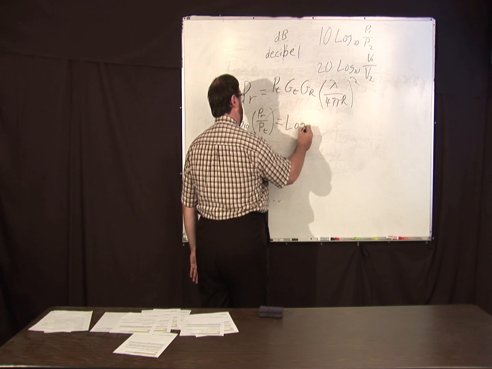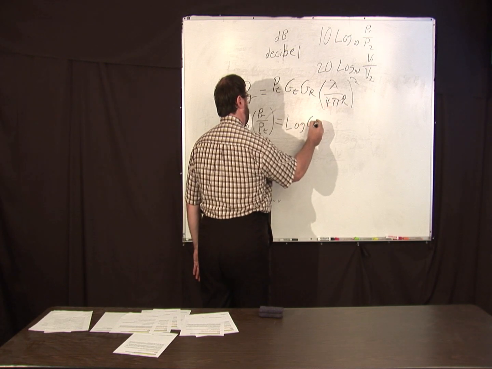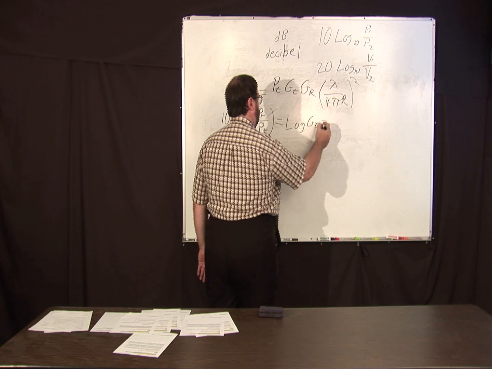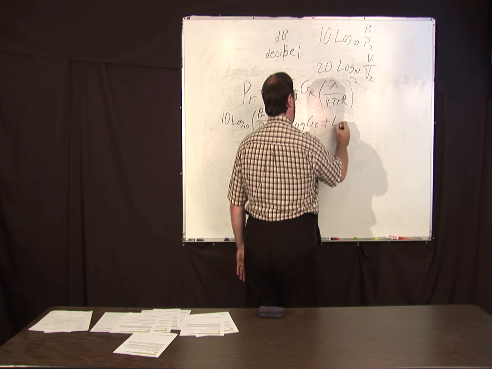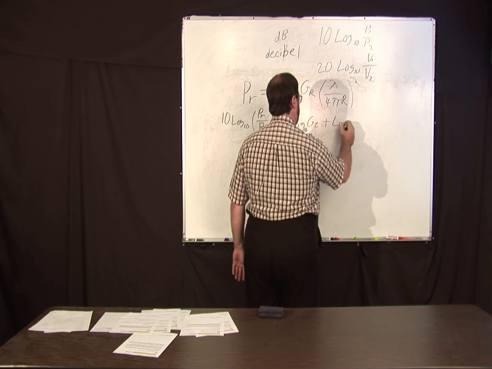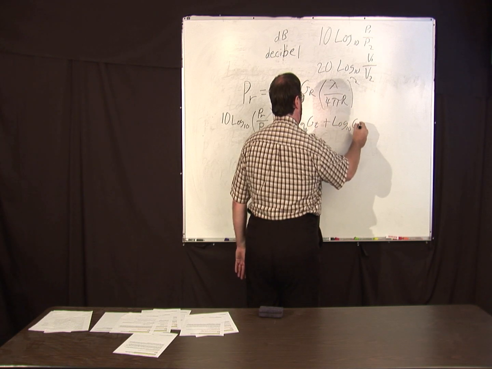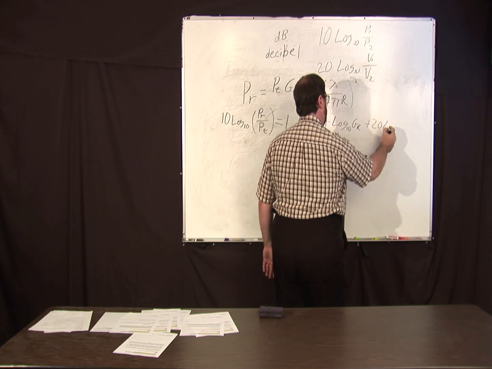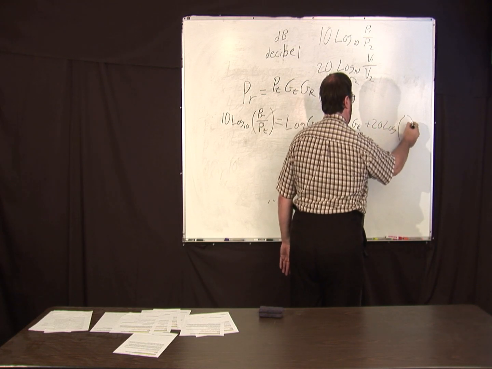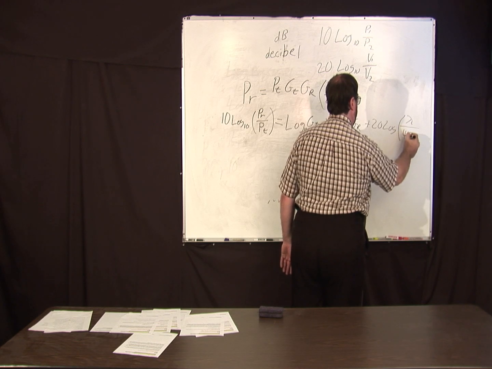This is a log of GT in dB, plus the log, base 10 of course, of GR, plus 20 log lambda over 4 pi r.